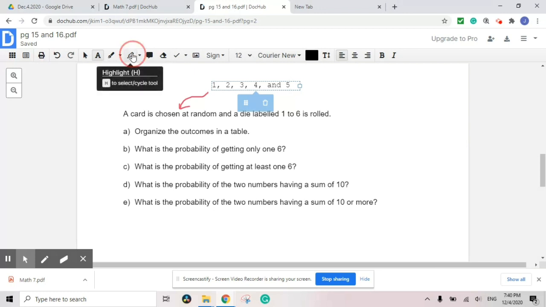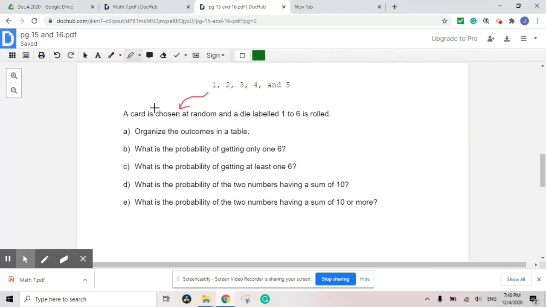As you may notice, we have two events going on, like the previous situation. A card from a deck of cards, and the deck in the diagram has 1, 2, 3, 4, and 5. I believe it was clover, something like that. It's not the entire 52-card deck, but you get the idea. And a die that has 1 to 6, a 6-sided die.